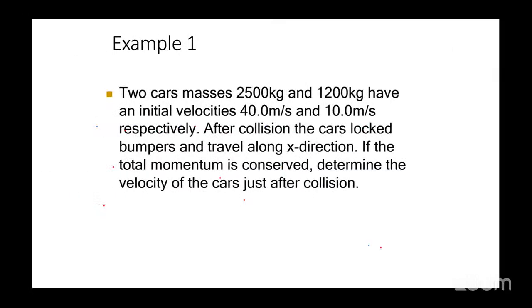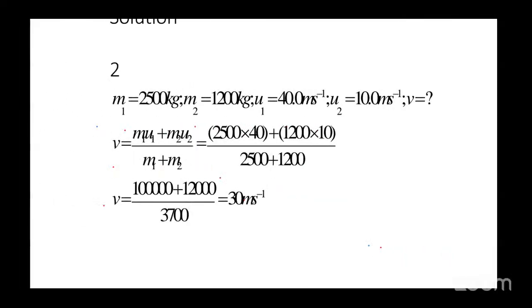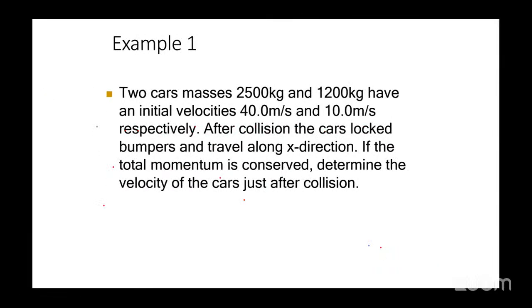So here we have a little example to play with. Two cars, masses 2,500 kilogram and 1,200 kilogram, have an initial velocity of 40 meters per second and 10 meters per second, respectively.